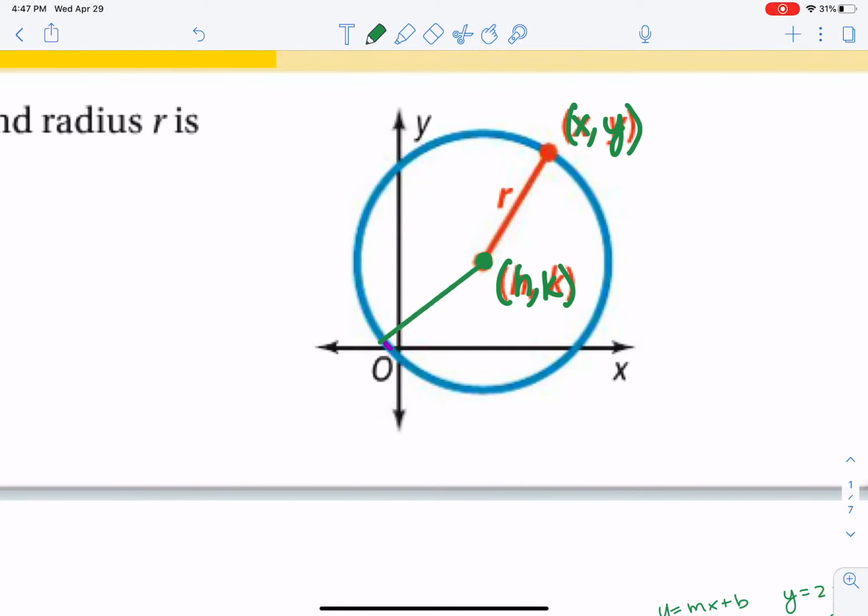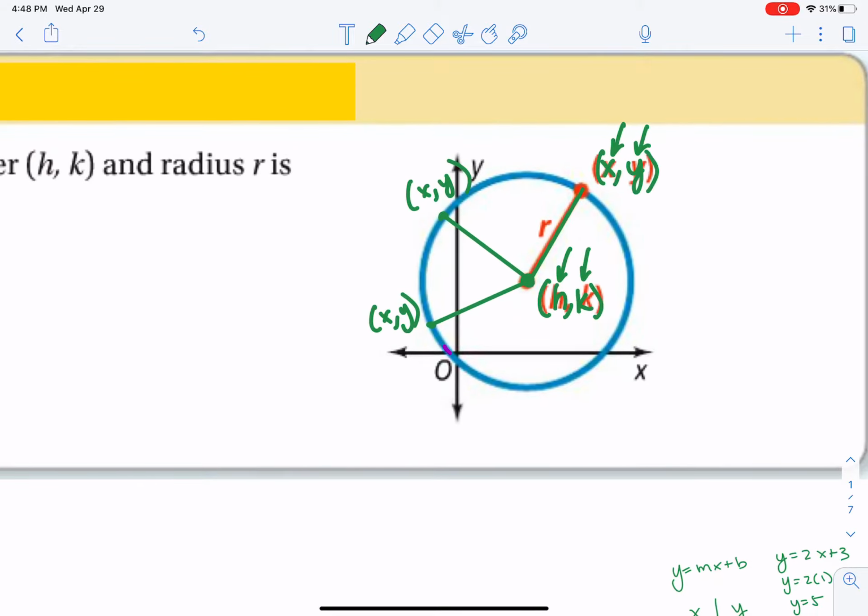So the way we can write the equation is we're going to write the distance formula from the center of the circle to the edge of the circle. The center we're going to call h and k, and any spot on the edge we're going to call x and y. So it could be over here, it could be over here. It just represents any spot on the circle.